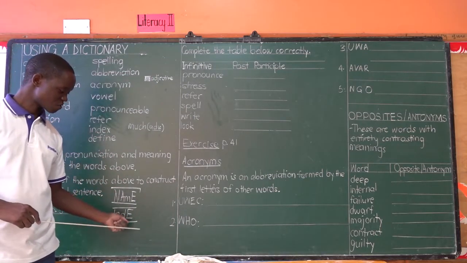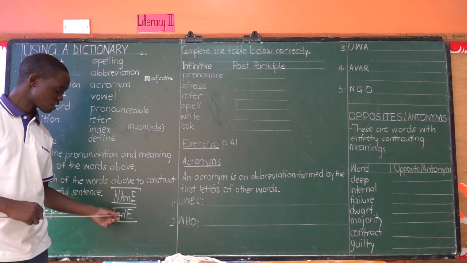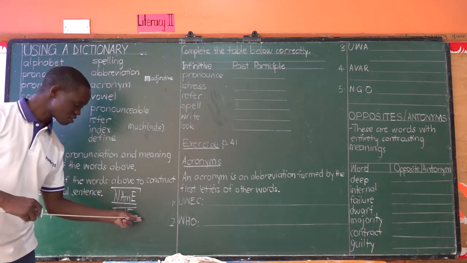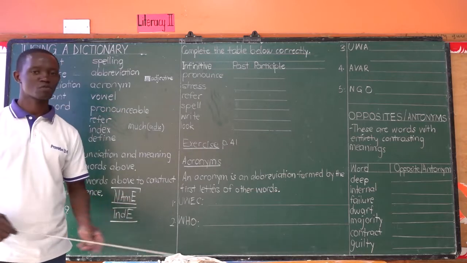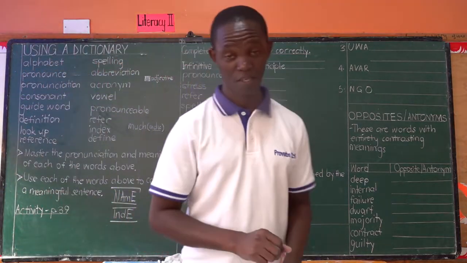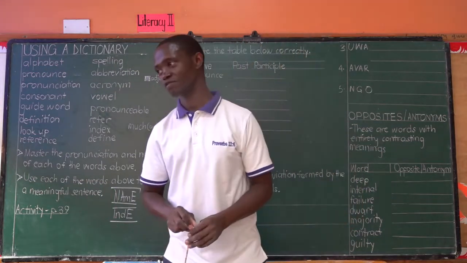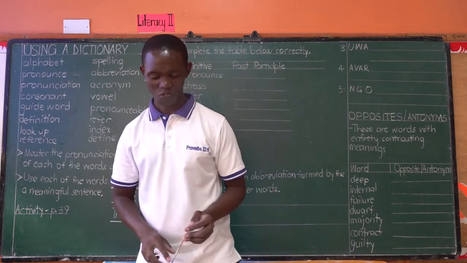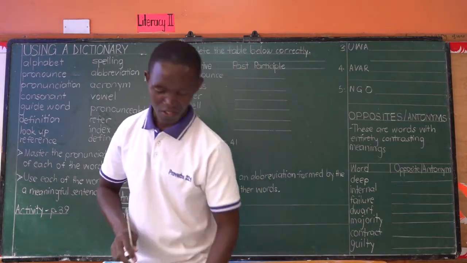If you see an expression or a term marked with I-N-D-E, that means this word is commonly used in that country known as India. An example here is a word which is very common: cousin brother, cousin sister. Those words are commonly used in Indian English.